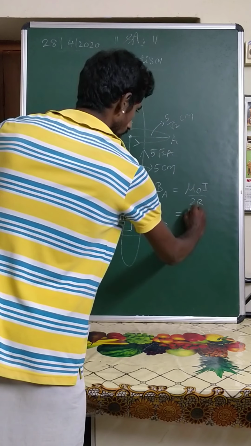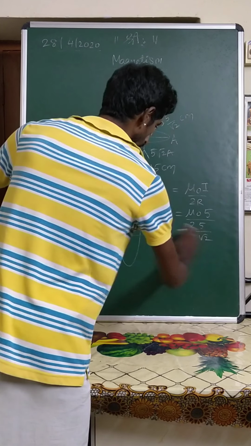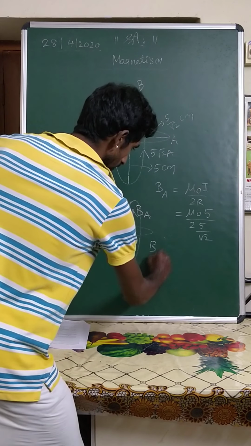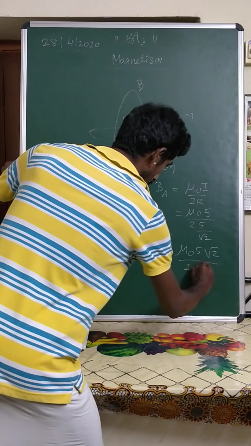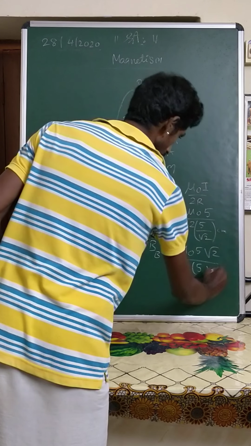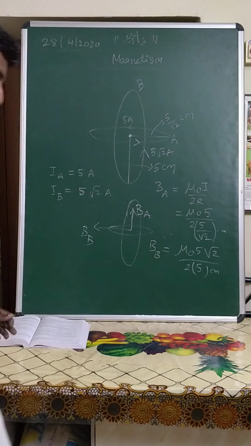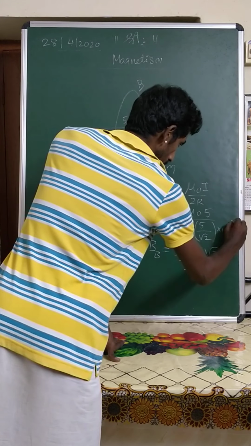So for A, it is mu naught into 5 by 2 into 5 by root 2. Similarly, the magnetic field in B is mu naught into 5 root 2 by 2 into 5. This is in centimeter, so we have to be very careful and write it in meters, into 10 power minus 2.